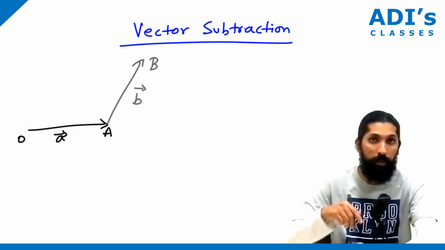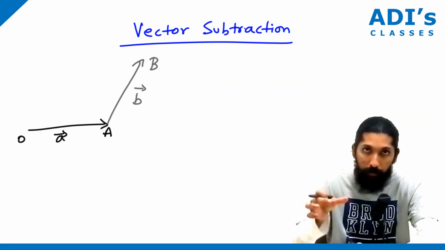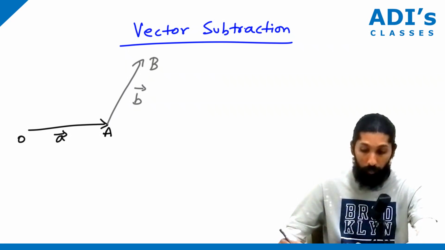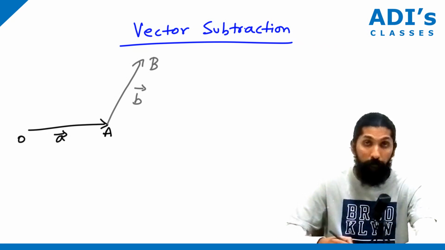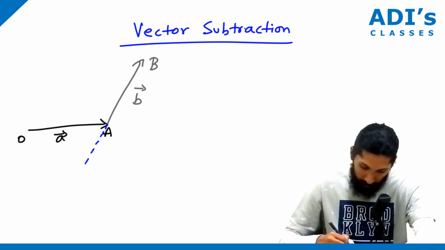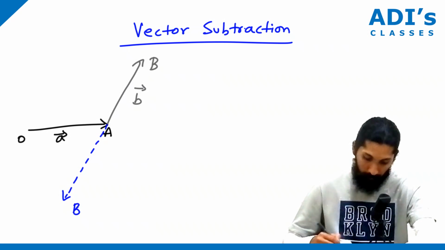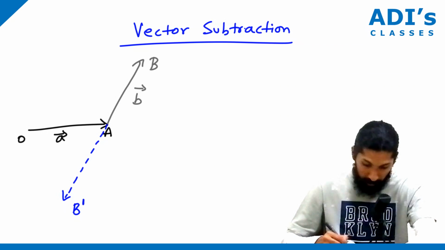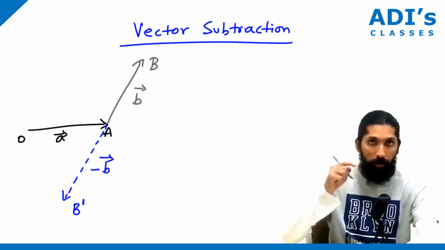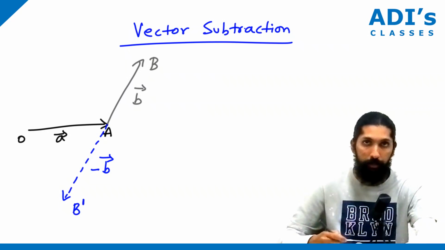We change the direction by 180 degrees, and with the same magnitude, we write the vector. Let's call this B dash. So AB dash becomes minus vector B.